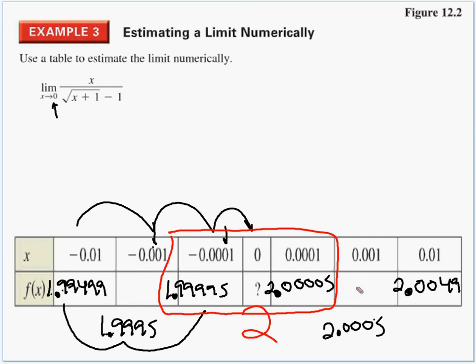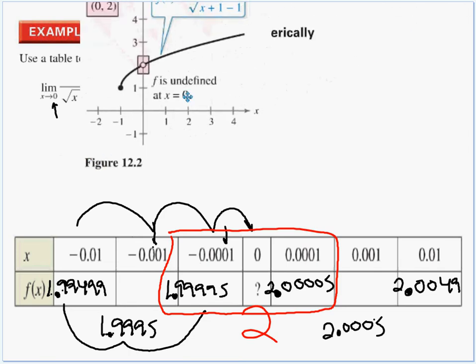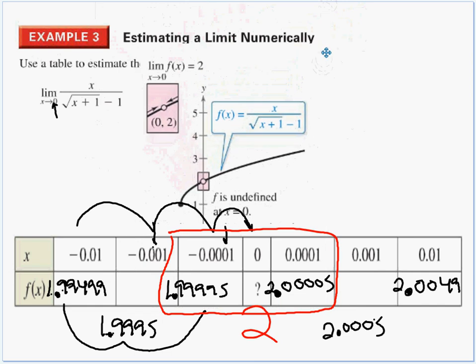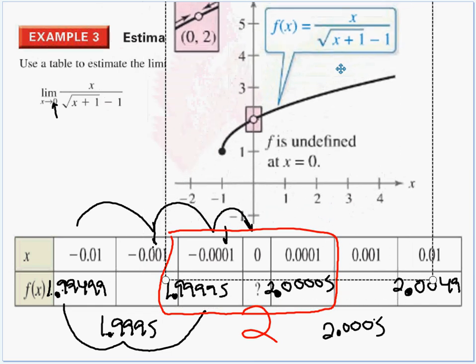Now, we found that from a table. Let's see if we could reinforce that with a graph. If we went to the graph feature on our TI-89, it's going to look something like this, but when we tried to put 0 in, we got 0 divided by 0, so our graph is undefined. There's a hole in the graph right where our x value is 0.